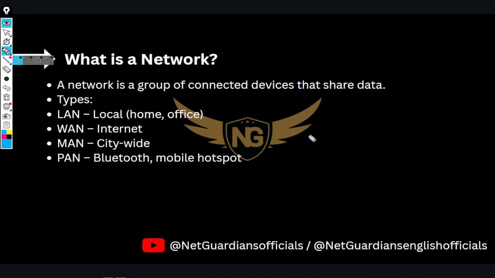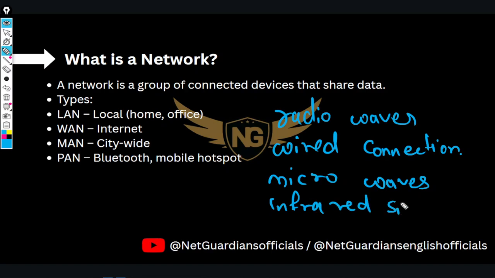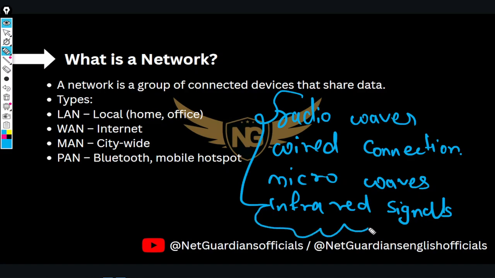So the connection which we make through radio waves, wired connection, and others like microwave and infrared signals, all these things which we use to start a connection between devices, by using these, devices can establish their communication and share data between them.